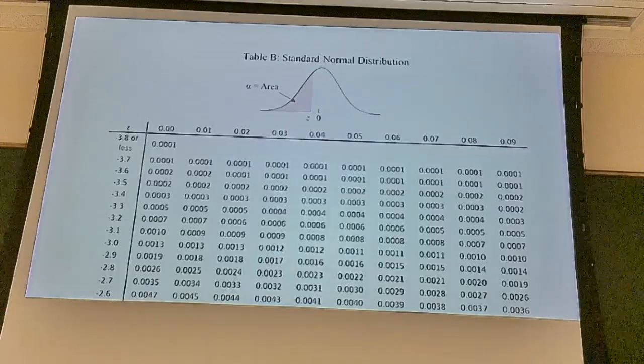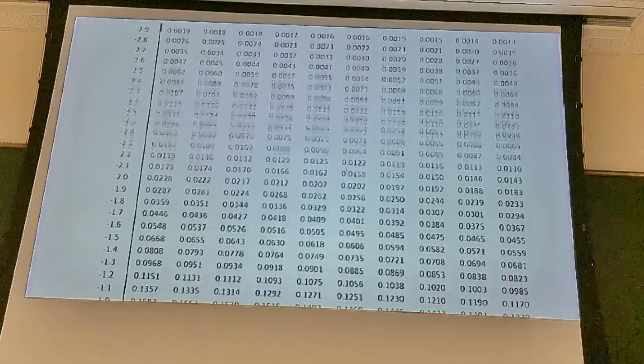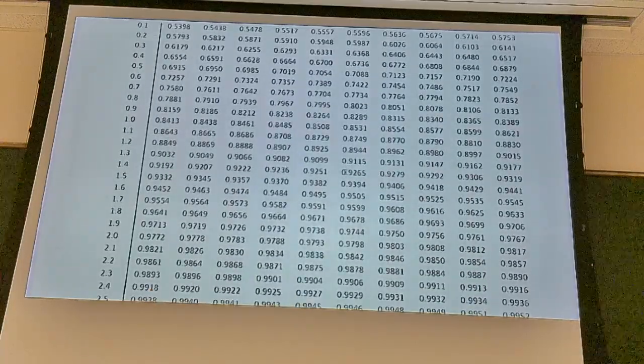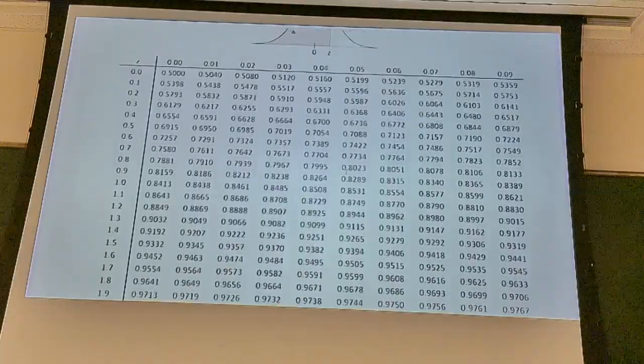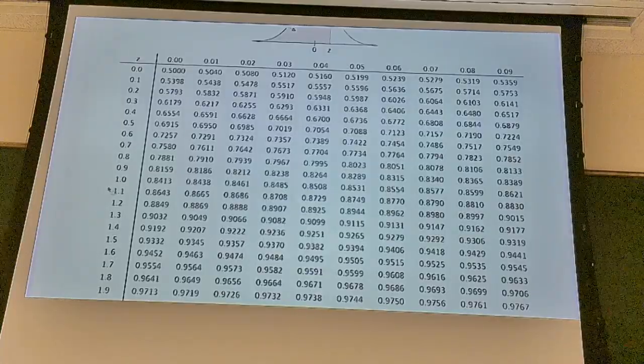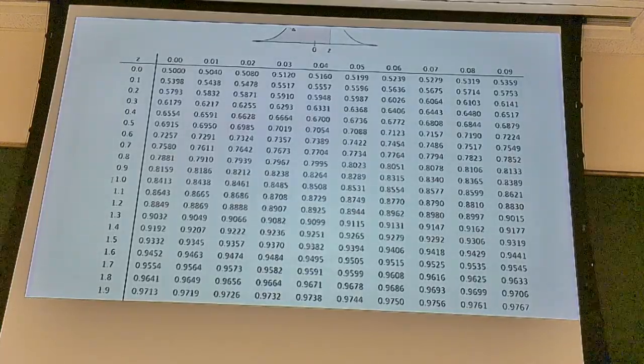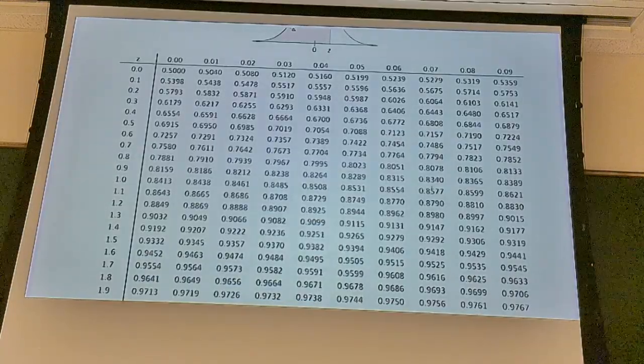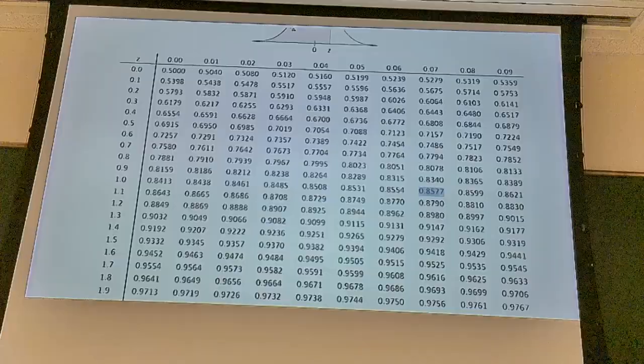We can just read it right from the table. We are looking for 1.07. There's 1.0, now we need to go to the 7. It's this one here. So that's our probability: 0.8577.